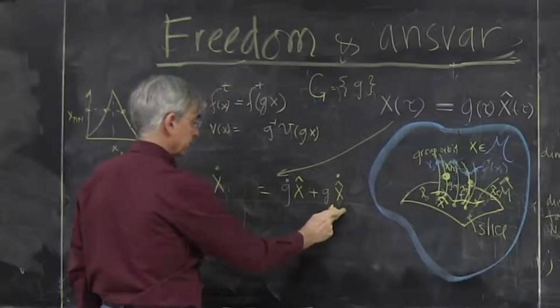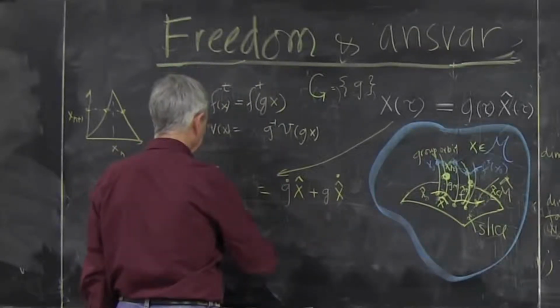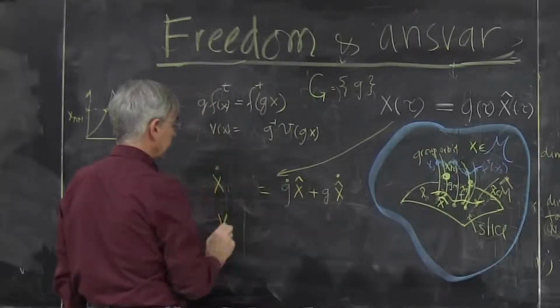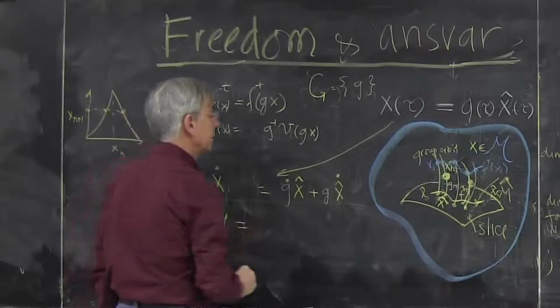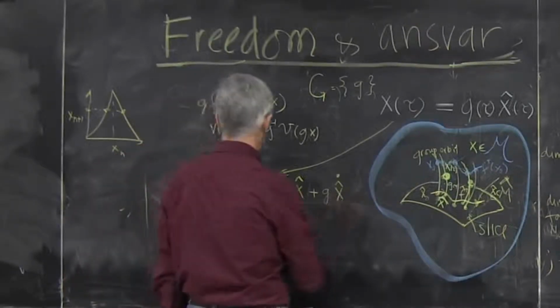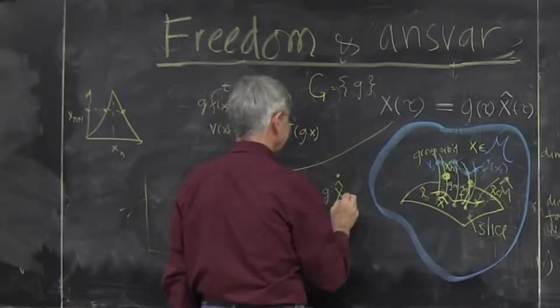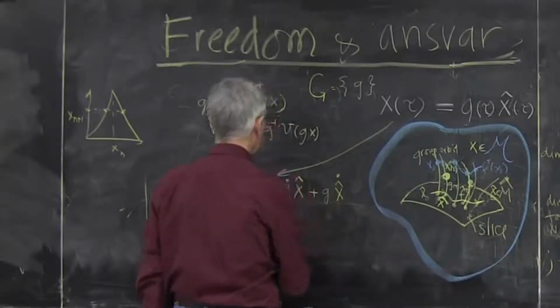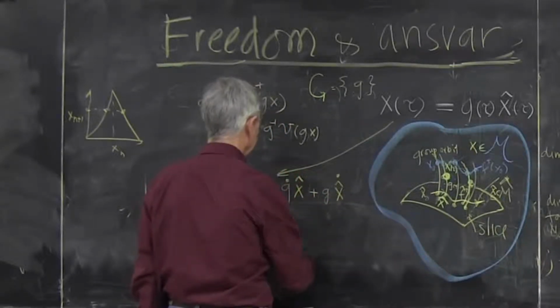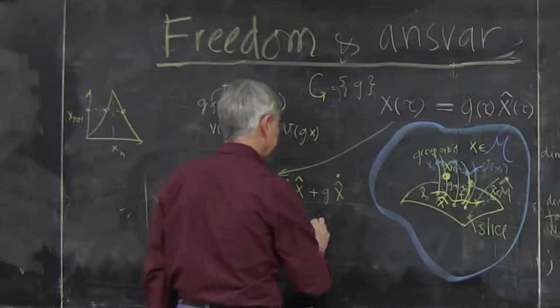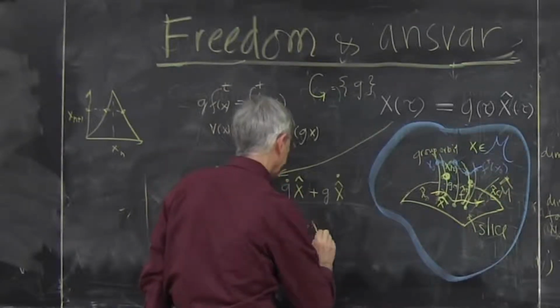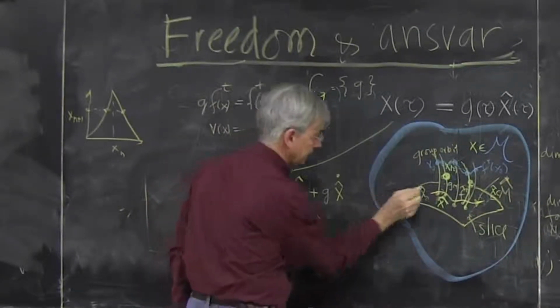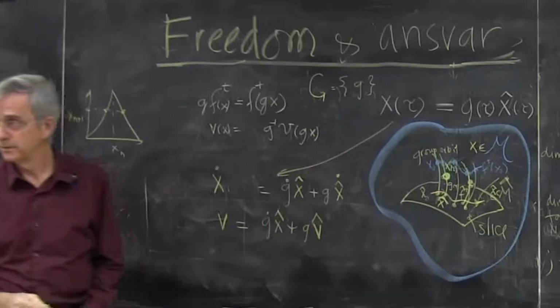Now this is the guy I want to know, right? I know the velocity in my big world, and I would like to know what the velocity is in this world. So I have the relation g dot x plus g times the velocity. So that's velocity in the plane. You okay?